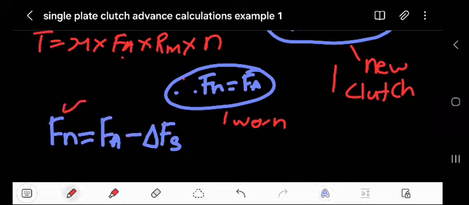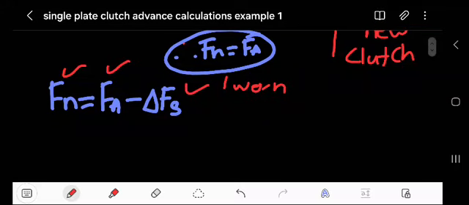Normal force is equal to axial force minus the change in the spring force, right? So we'll have Fn equal to the axial force. Yes, we'll use that one from when it was still new.